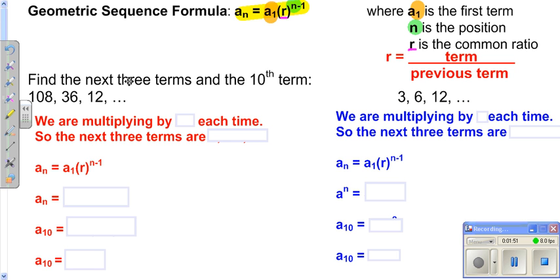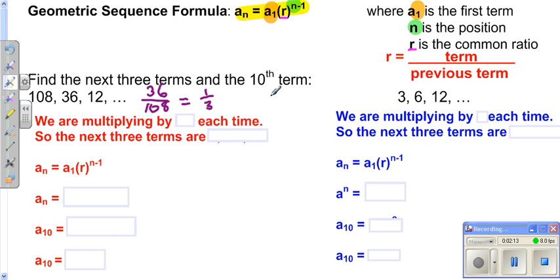So here we need to find the next 3 terms, and we need to find the 10th term. To find r, you can take any term you want, say the second term, and divide it by the first term. In this case, I would have it simplified down to 1/3. You should double check it with the other terms.